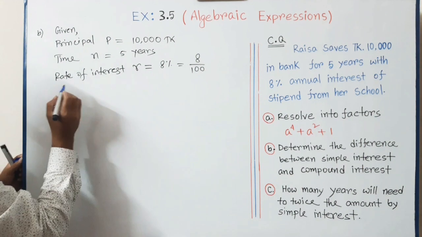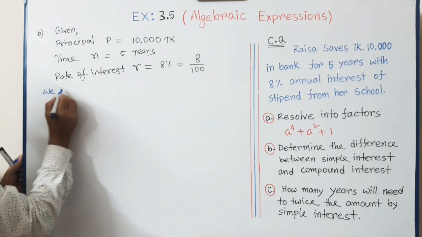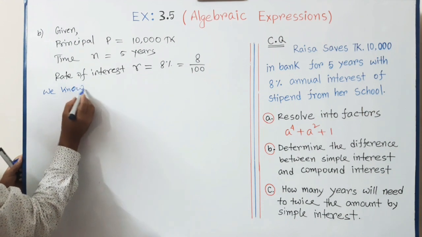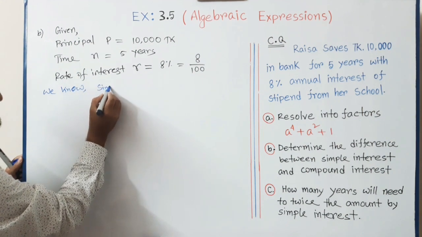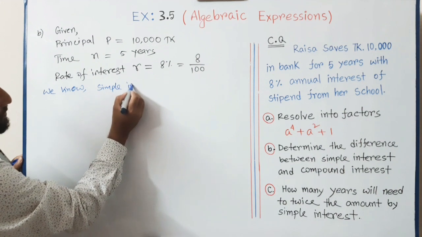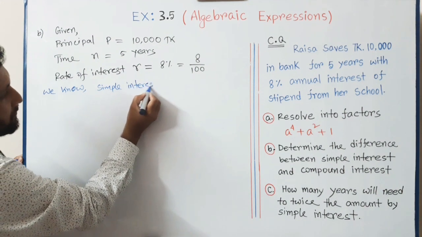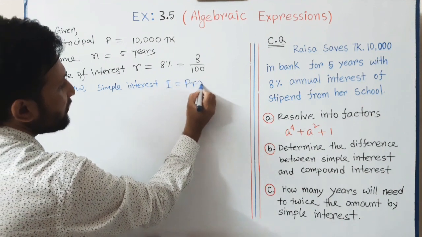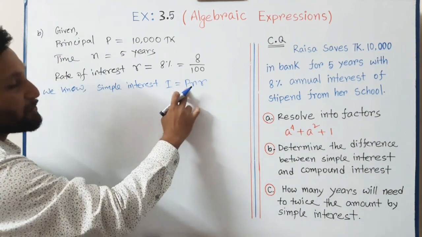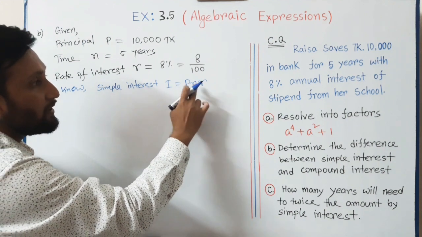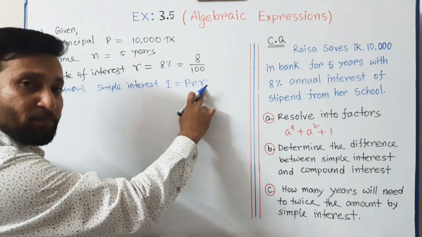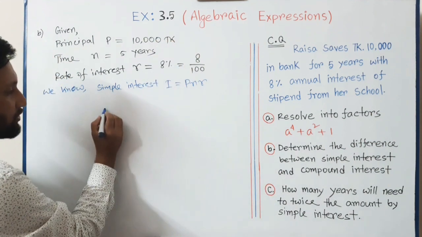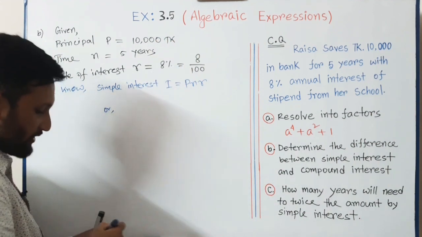So we know the formula of simple interest. The formula is I equals P n R, where I means simple interest, P means principal or capital, n is the number of time, and R is the rate of interest. Putting these values in, we can easily identify the simple interest.